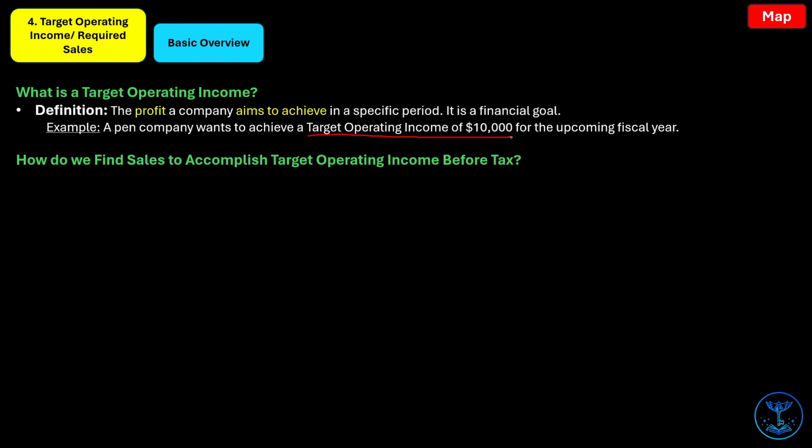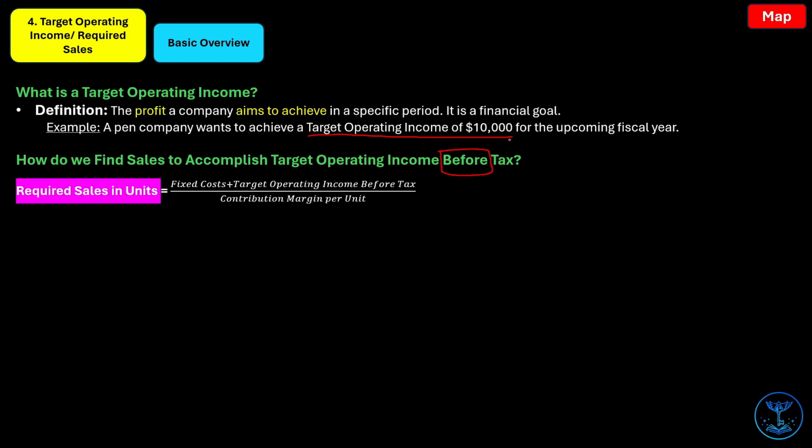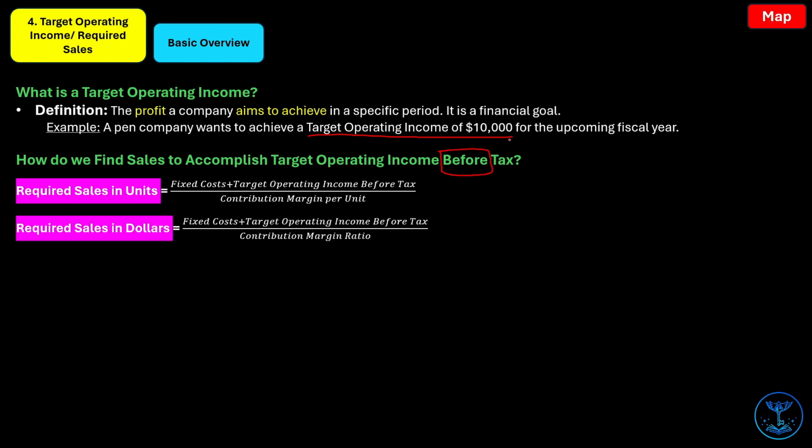So how do we find sales to accomplish target operating income before tax? And this is very key information, before tax. Required sales in units is equal to your fixed costs plus your target operating income before tax divided by your contribution margin per unit. Then required sales in dollars is your fixed cost plus your target operating income before tax divided by your contribution margin ratio.